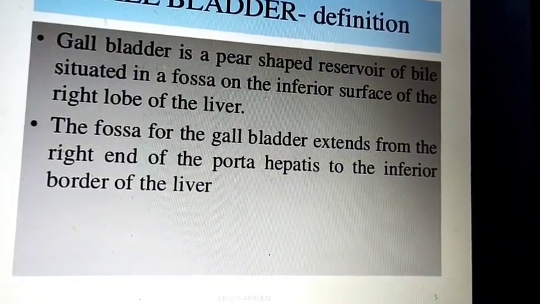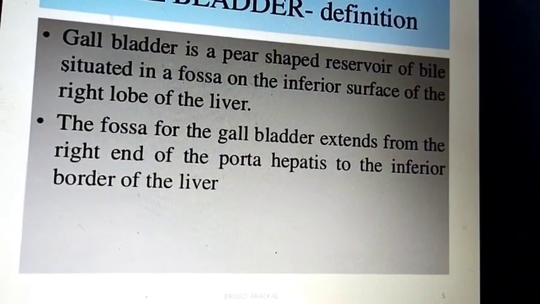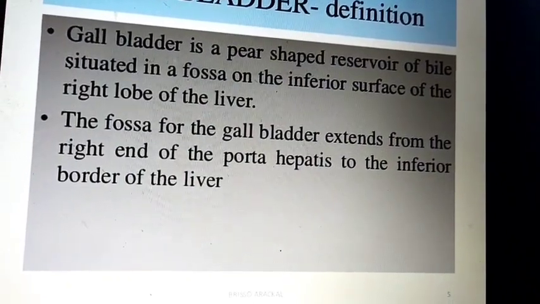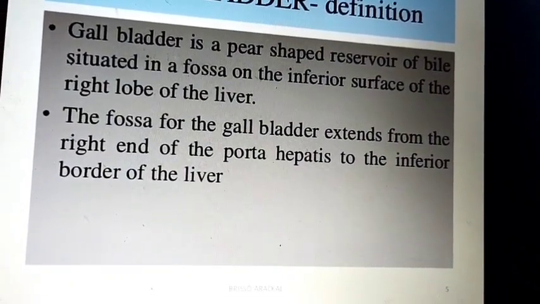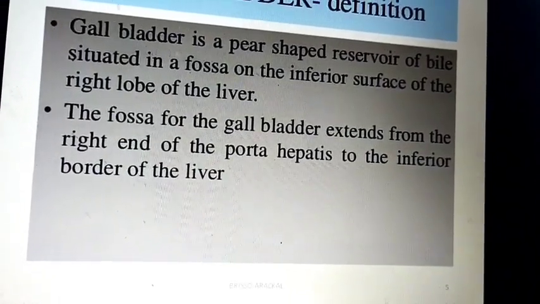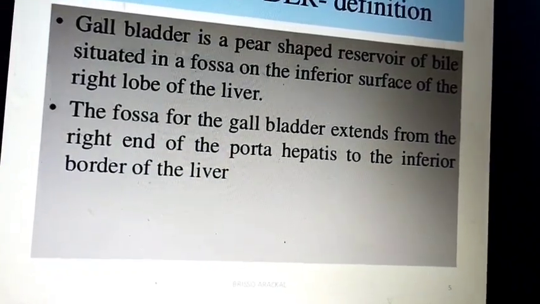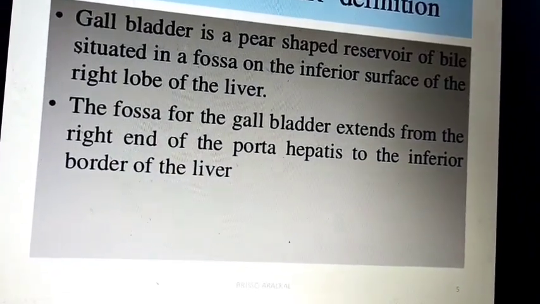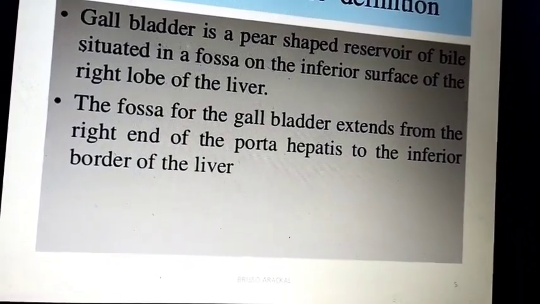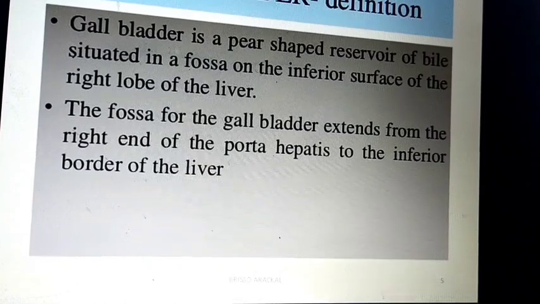The fossa for gallbladder is just right to the quadrate lobe and left to the right lobe of the liver, where you can see the colic impression, duodenal impression and renal impression, superiorly the porta hepatis, and inferiorly the inferior border of the liver.